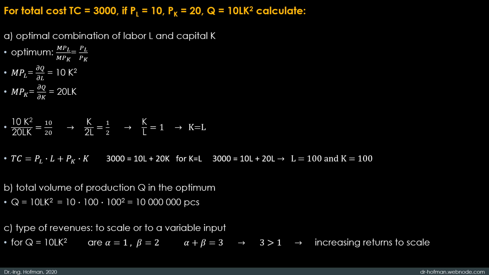If we sum them together, 1 plus 2 is 3, which is more than 1, and we speak about increasing returns to scale. To scale because we have L and K variable factors, and we are in the long term.